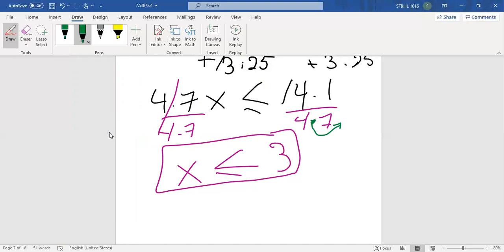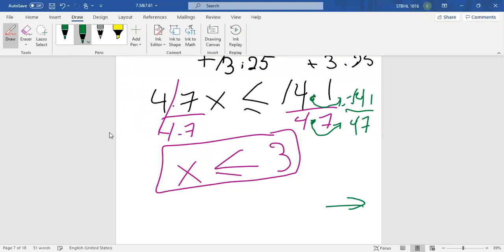Be sure that the denominator is a whole number. It doesn't matter if the numerator is decimal or whole number. So whatever you do in the denominator, you have to do in the numerator. So when you move the decimal point one digit to the right, you have to do the same in the numerator. So it's going to be 141 divided by 47 by long division. You will get the answer 3.